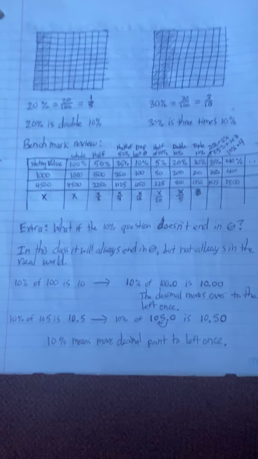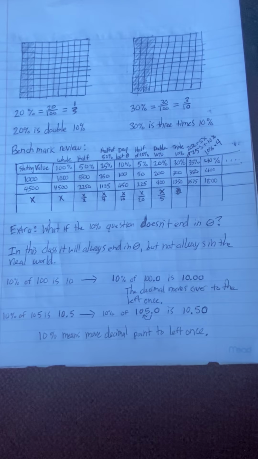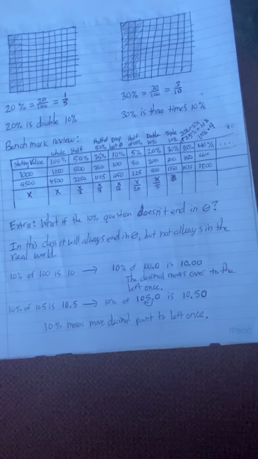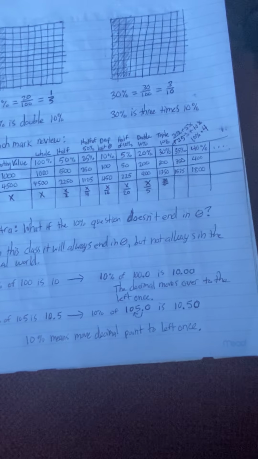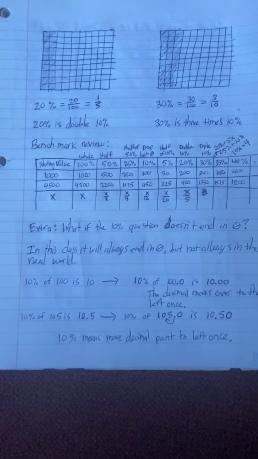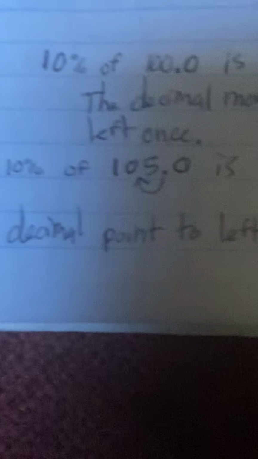But again, just using your intuition, it should be obvious that not all numbers end in 0, but yet we can take 10% of numbers that don't end in 0. So when you come across that in the real world or in a higher level mathematics course, remember 10% means move the decimal point to the left once.